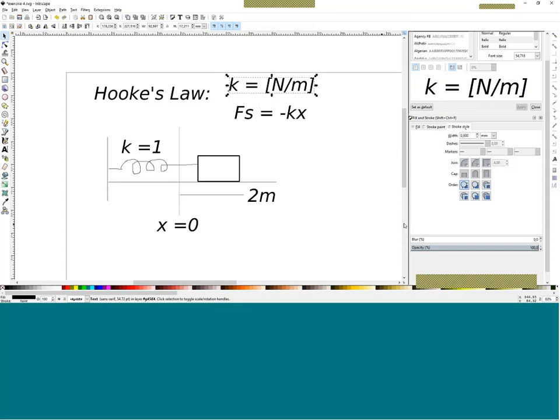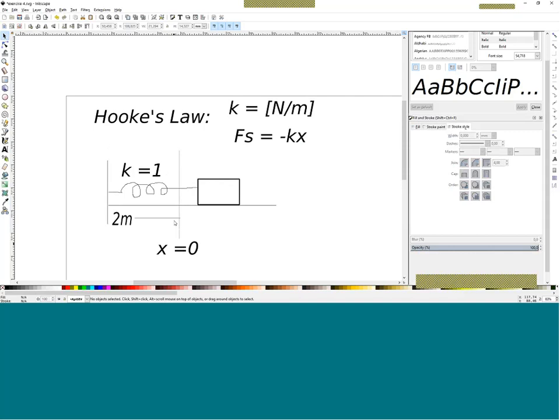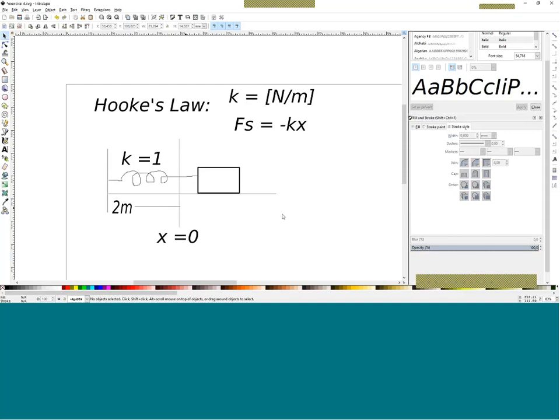And now the question to you is, if I compress it, then you get the opposite direction. I don't need to do this for too long. I move it that way, the fact that the 2 is now inverted, 2 meters that way, then the force is inverted too.